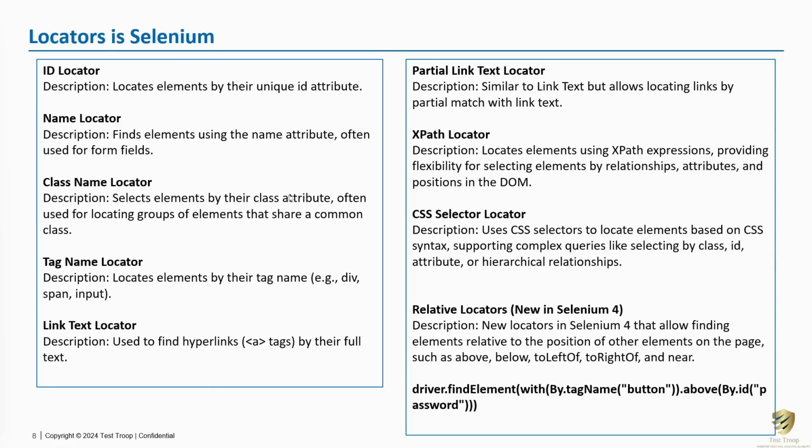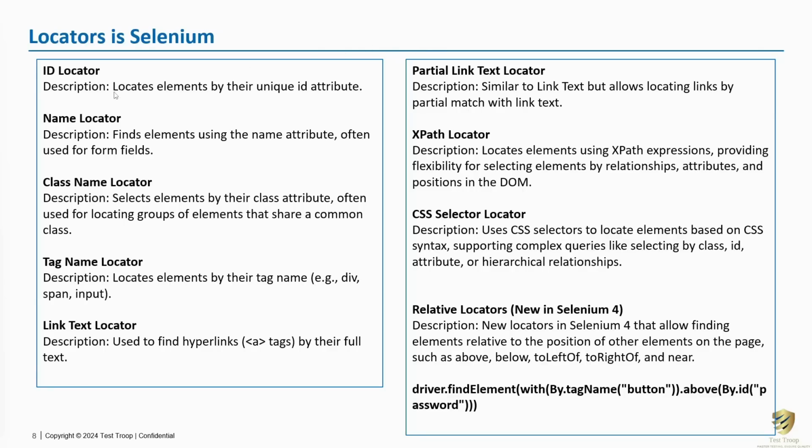Below is the set of locators that Selenium uses to interact with the web elements. I am going to explain only ID, name, class name, tag name, link text, and partial link text in today's tutorial. The XPath and CSS relative locators I will take up in the next video.